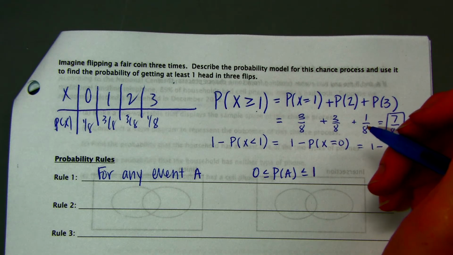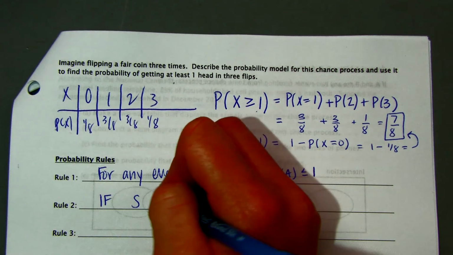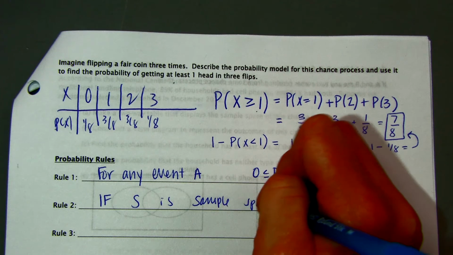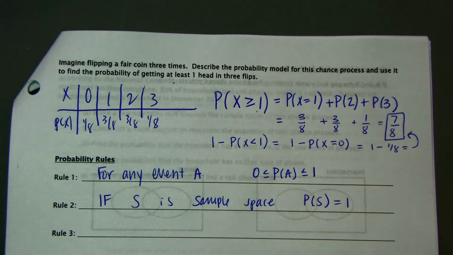Rule number 2 says if S is my sample space, then the probability of S is equal to 1. So if I add up all the things in my sample space, then the probability of that happening is 1.